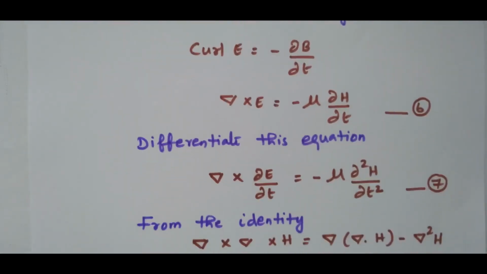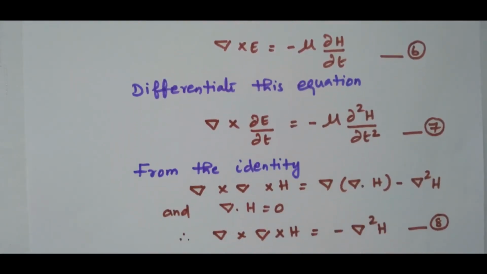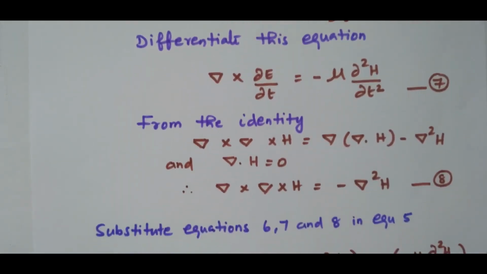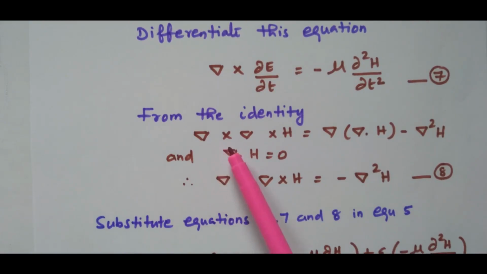Now differentiate this equation on both sides. So del cross dou E by dou T equal to minus mu dou square H by dou T square, since a differentiation is already present, so it becomes second order. Now we go to the identity: del cross del cross H equal to del of del dot H minus del square H. And del dot H equal to 0, since there is no charge.